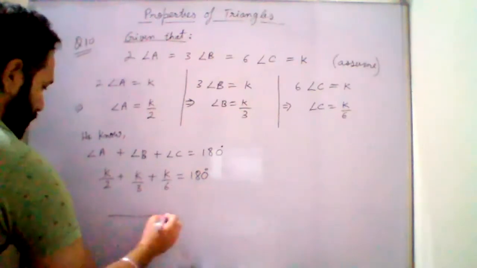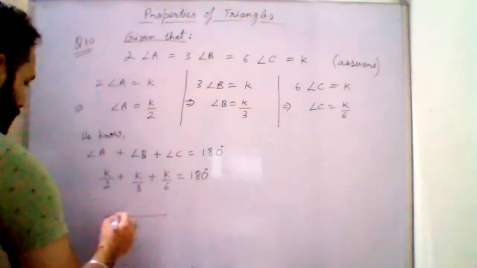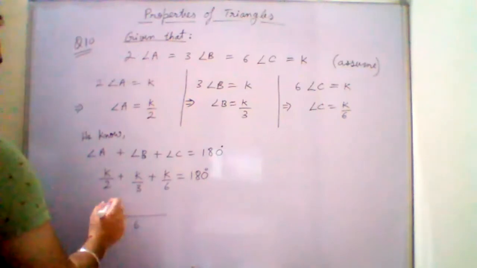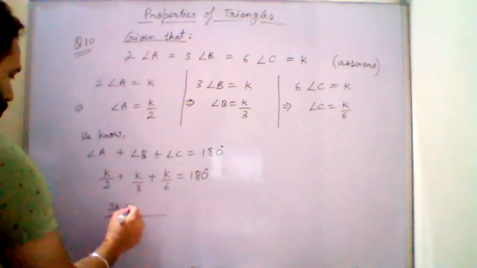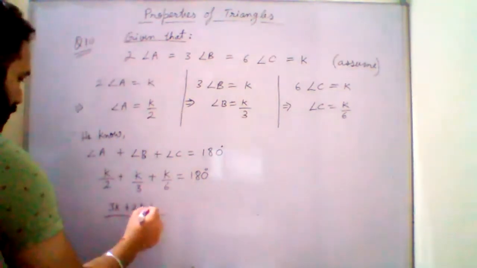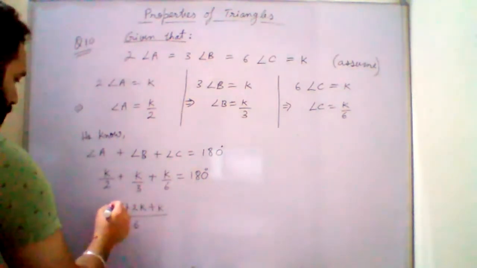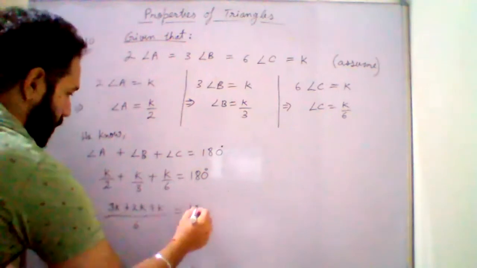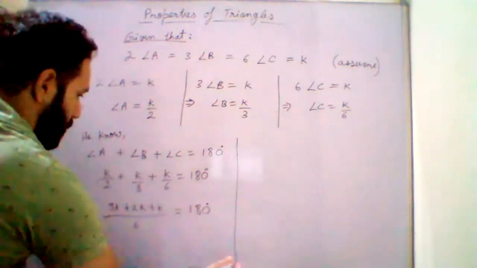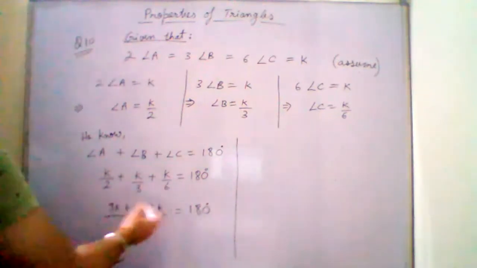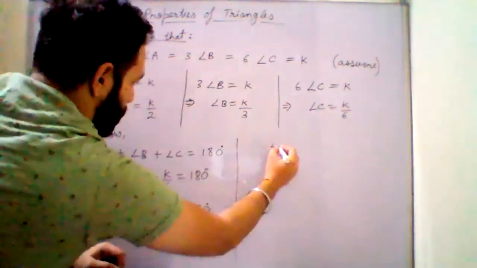Now take the LCM. 6 is the LCM. So 3K plus 2K plus K is equal to 180. 3K plus 2K plus K gives you 6K.